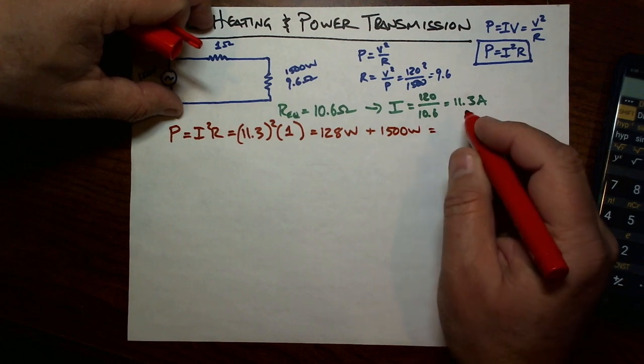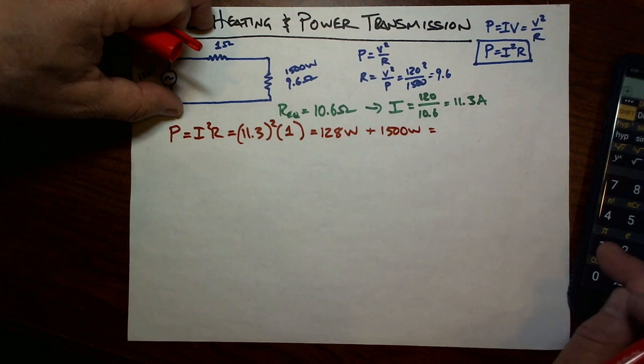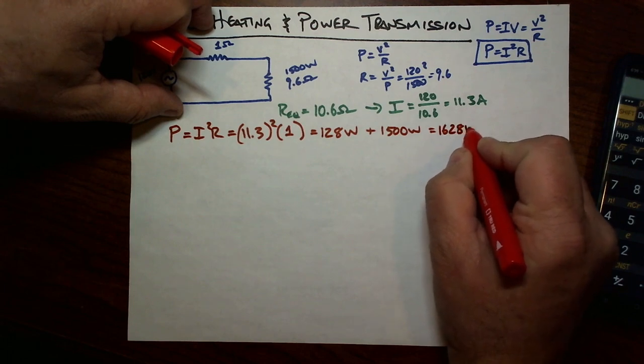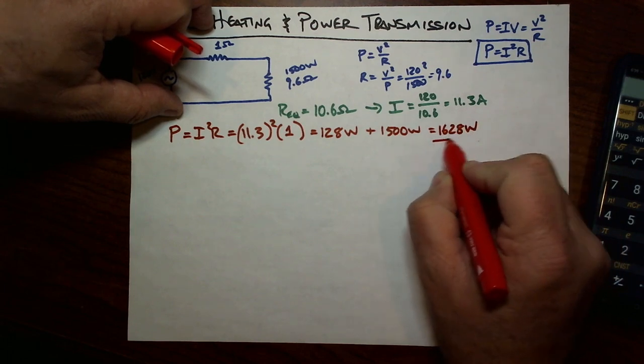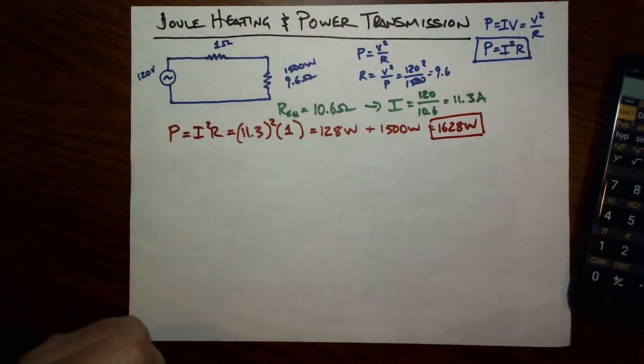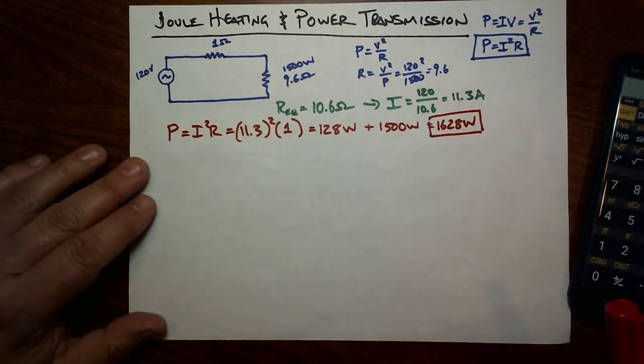So I'm going to have to burn enough coal or crude oil or whatever I've got here, 1628 watts. I'm going to have to actually cough up extra power to provide them with something that at their house is only using 1500 watts. I'm going to have to cough up 1628.